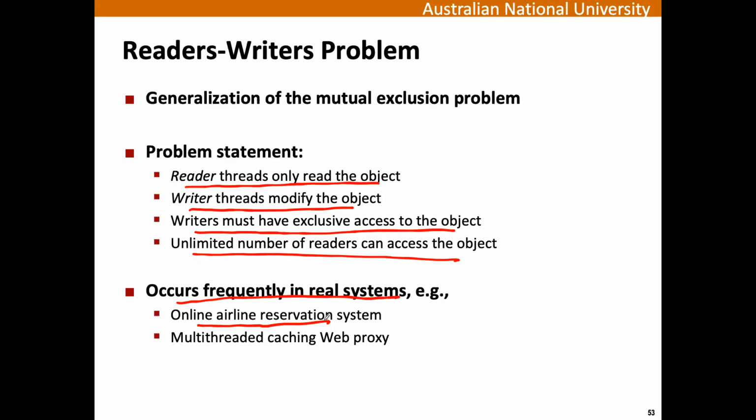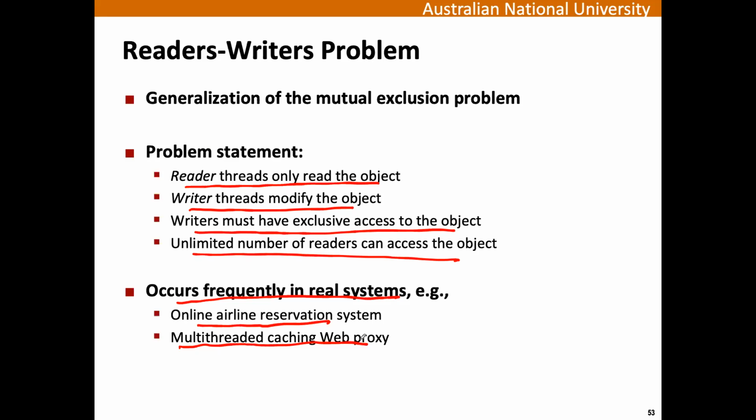And then when you write the multi-threaded caching web proxy, there'll be a lot of proxy threads serving on behalf of the clients. And we'll ask you to cache whatever you bring from the server.